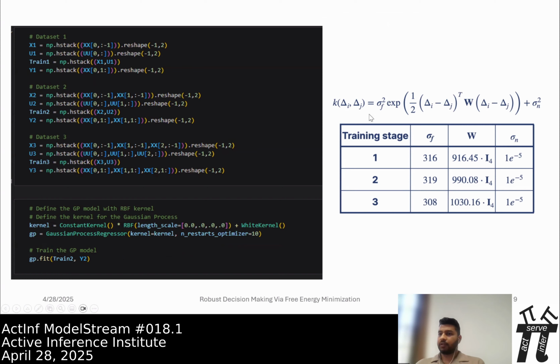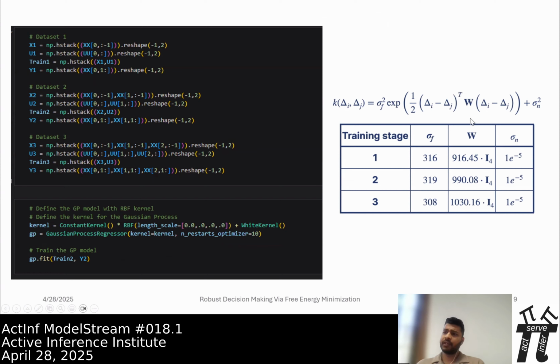The sigma f here is the constant kernel coefficient. The RBF, the radial basis function, has a parameter w, or the length scale. We have that length scale here, and the noise term here. These are the results of the 3 different data sets for the 3 different Gaussian models.